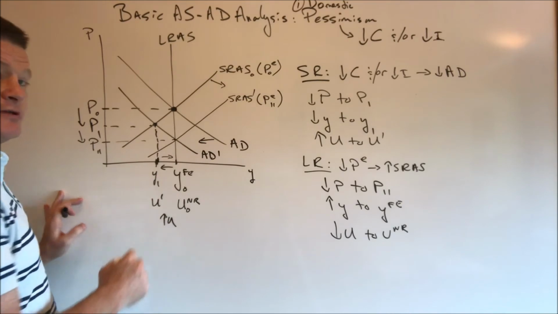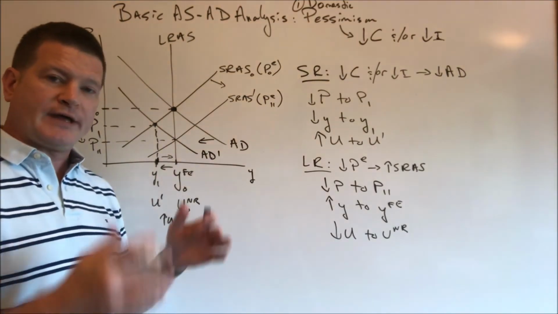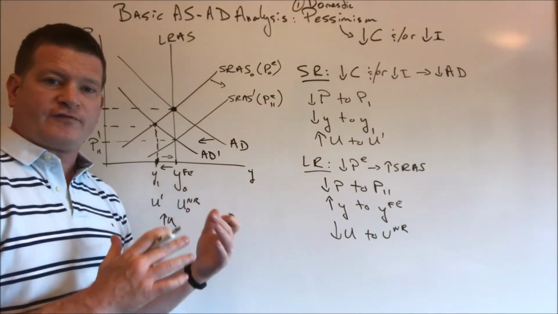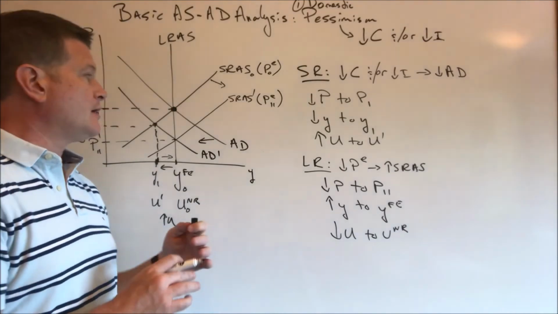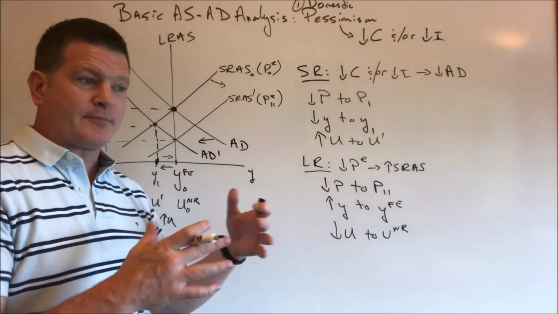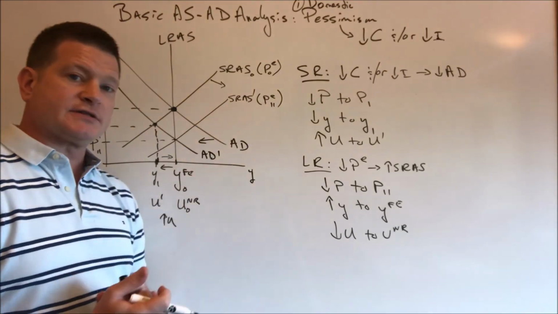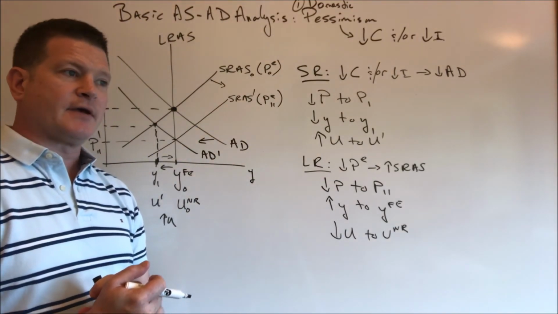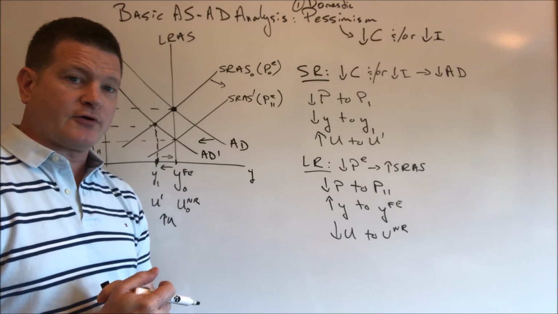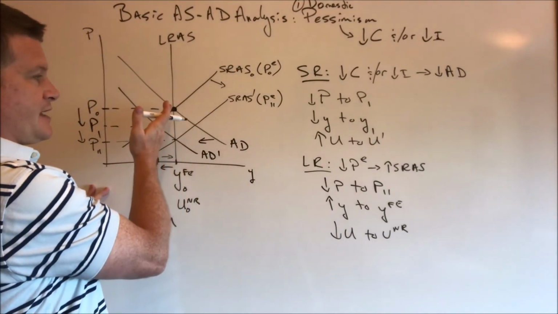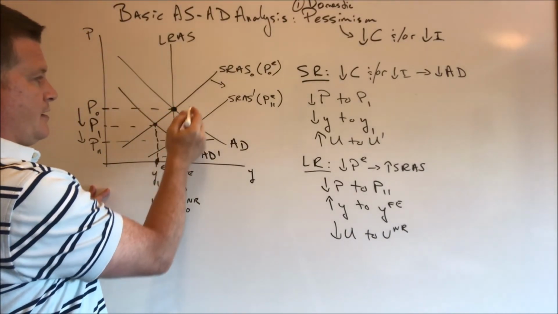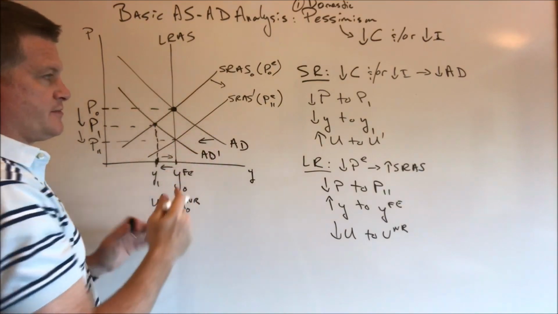This is a recession. During that recession, wage growth slows, or wages may actually fall. This dampens price pressure across the economy, makes input prices a little cheaper for firms, makes labor costs a little cheaper for firms, and as that happens, they expand their output again, and that pushes the short-run aggregate supply out to the right.